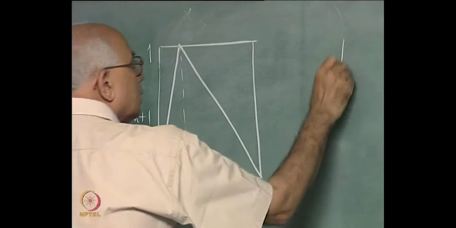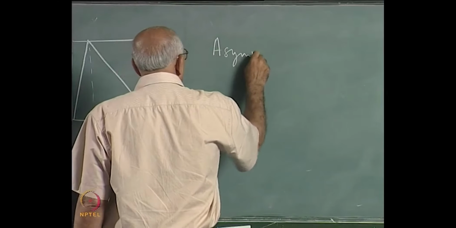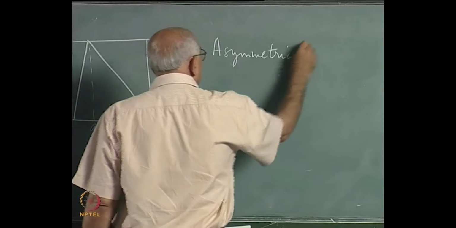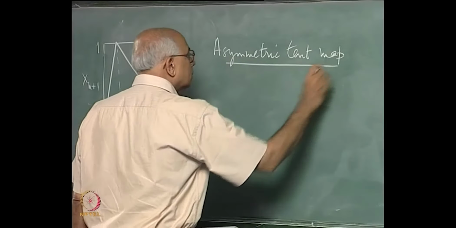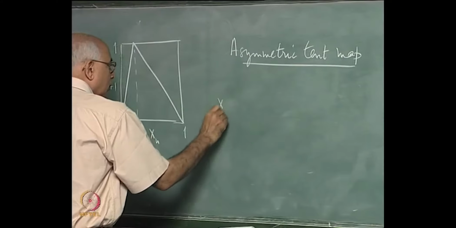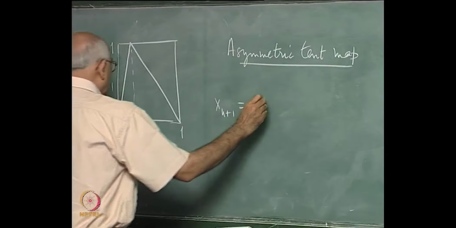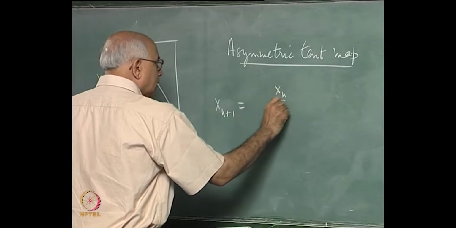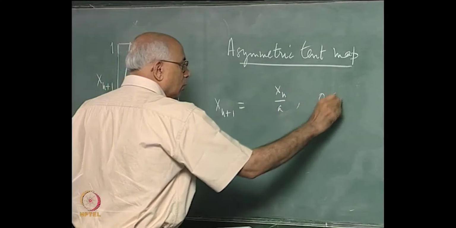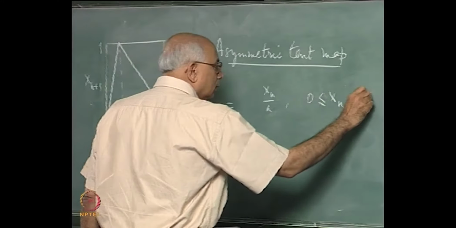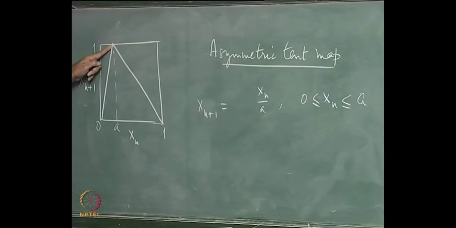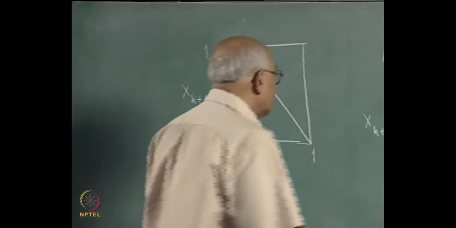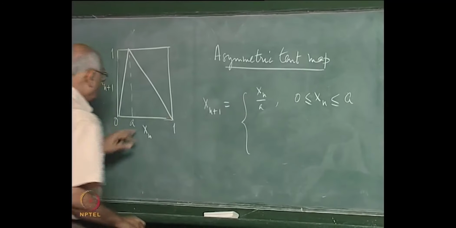I call this the asymmetric tent map, and the map function is the following: xn plus 1 is equal to, it is clear, xn divided by a for 0 less than or equal to xn less than or equal to a. The slope is 1 over a because it reaches 1 when xn is a, and what is the slope here?